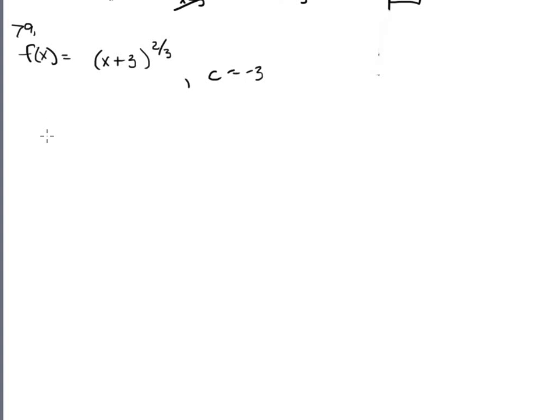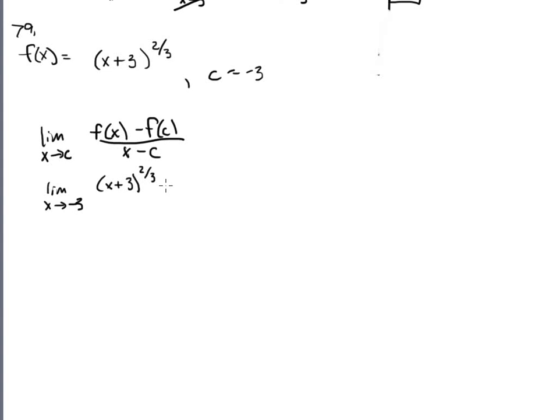So we have our limit definition as x goes to c, f of x minus f of c divided by x minus c, and our c in this case is negative 3. So we have f of x, which is x plus 3 to the 2/3, minus negative 3 plus 3, which is 0. So 0 to the 2/3, which is just 0. And then x minus a negative 3, which is x plus 3.